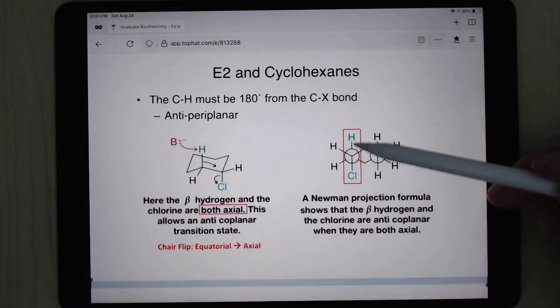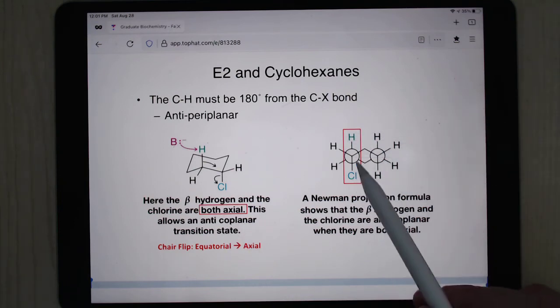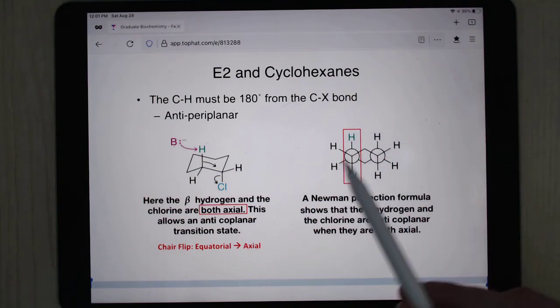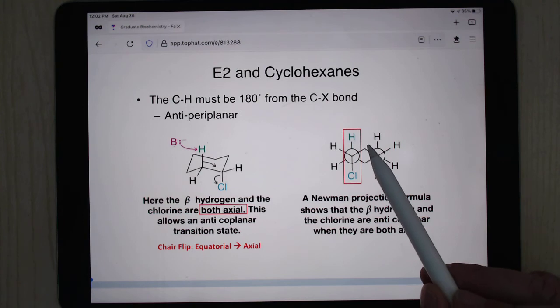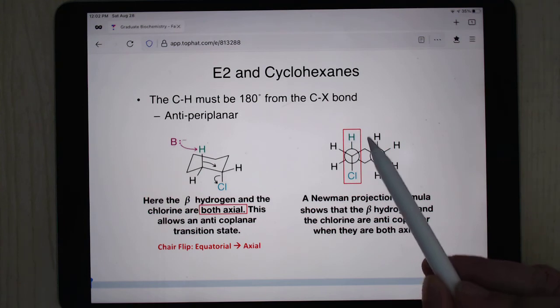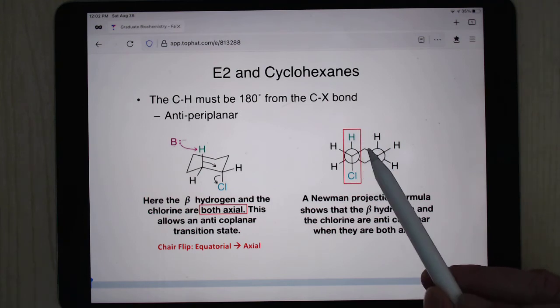They have to be in this orientation, because if one of them was equatorial, say that if you tried to grab this hydrogen, then the chlorine would have to be over here, and that's not a chlorine, that would be a carbon.